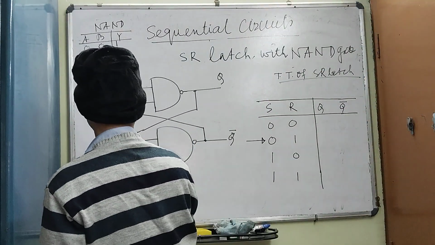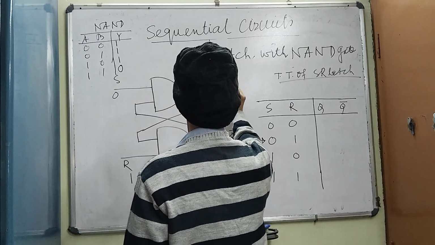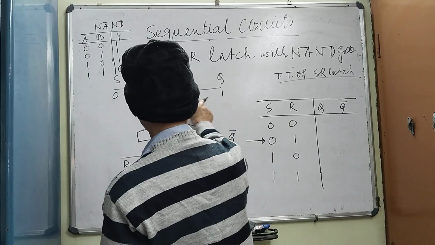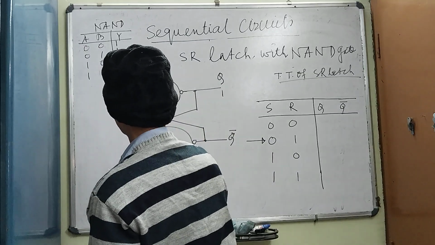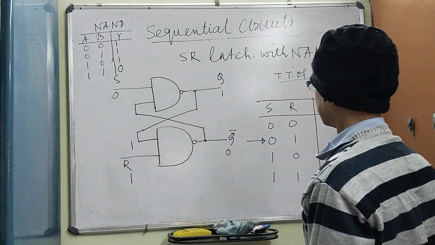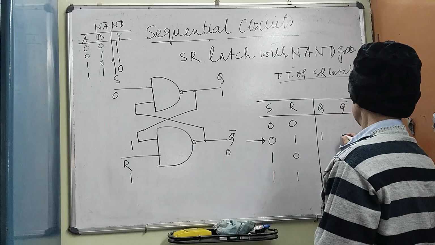Anyone is 0, then the output is 1. So this output equals 1, and this 1 moves here. 1 1 equals 0. So what happened? Q equal to 1 and Q bar equal to 0.